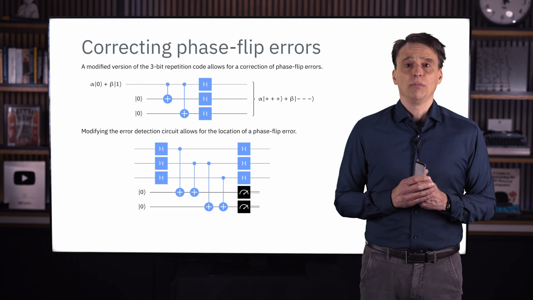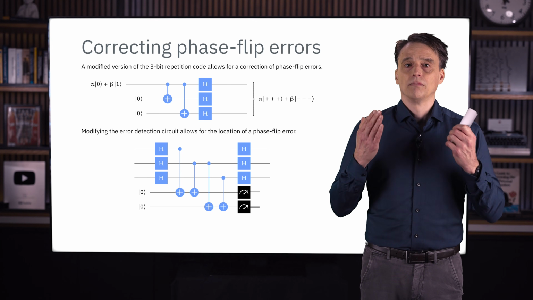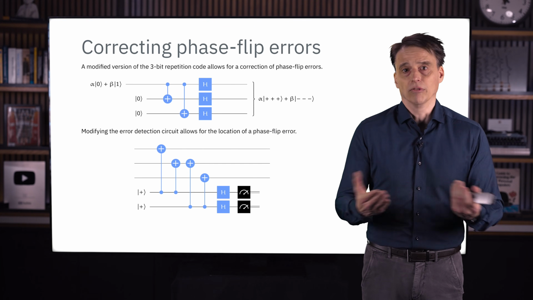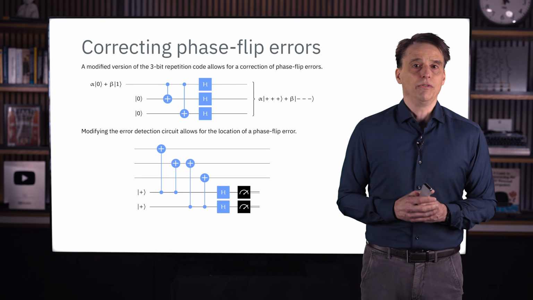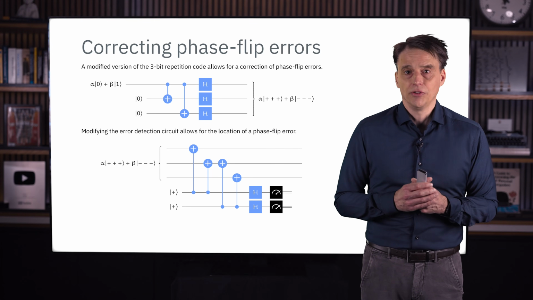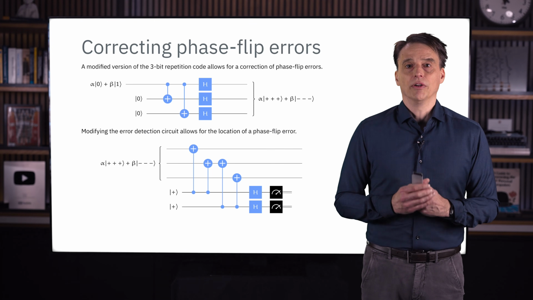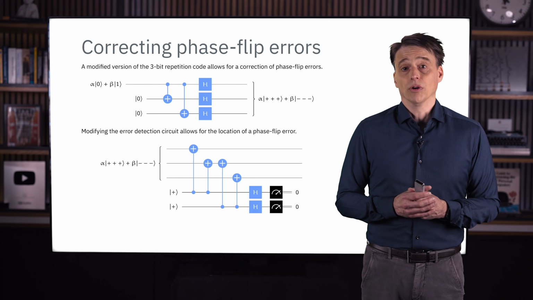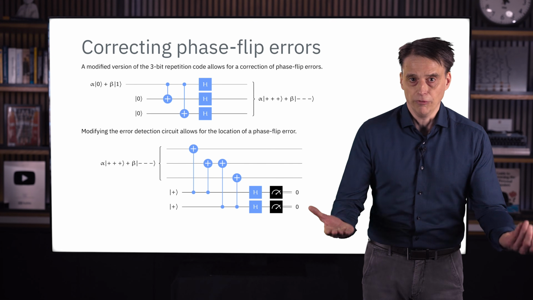We can, by the way, simplify the circuit just a little bit. This circuit here is completely equivalent, and you can check this for yourself if you're so inclined. So, if we put our encoded qubit into this circuit, assuming no phase flip errors have occurred, we get the syndrome 00, indicating that there were no phase flip errors.